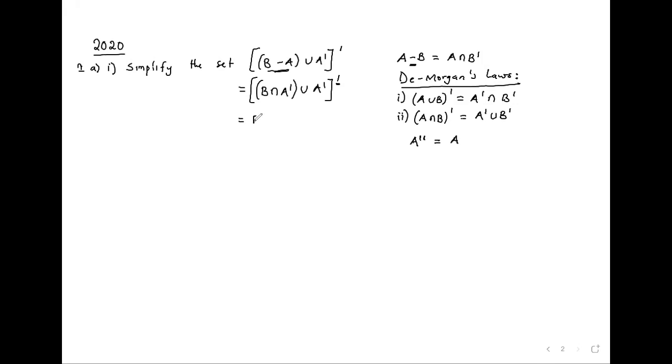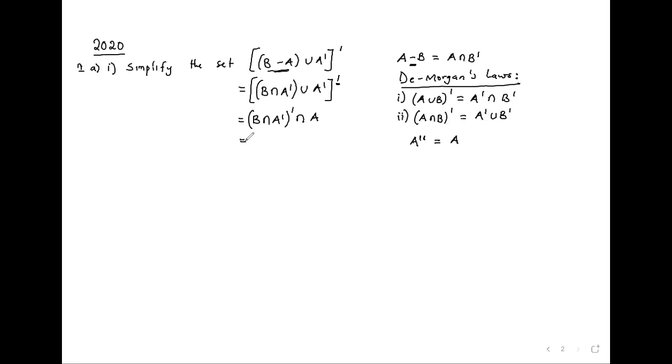So we're going to have B intersection A complement intersection A, because of the complement, the union has been made intersection.